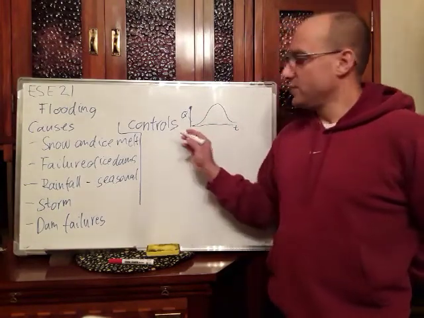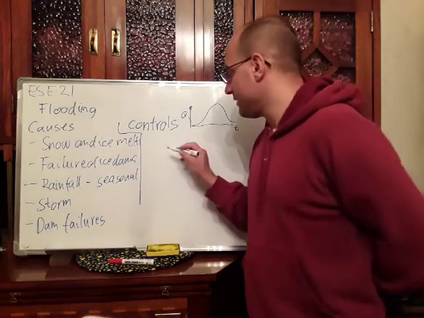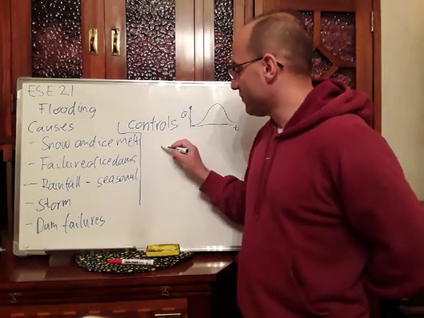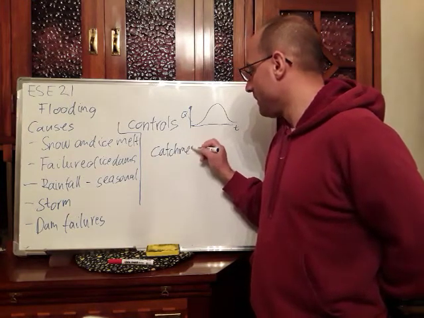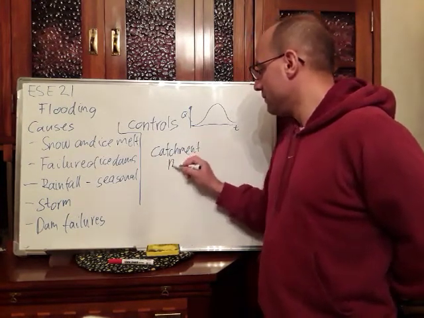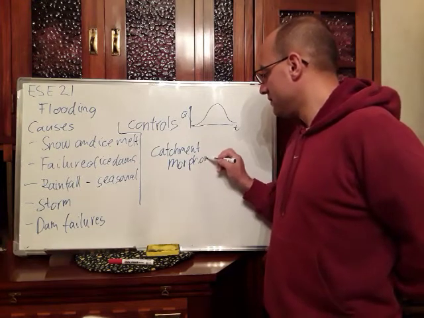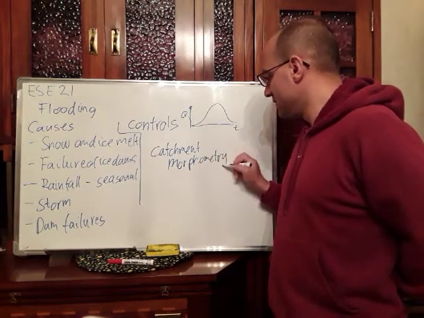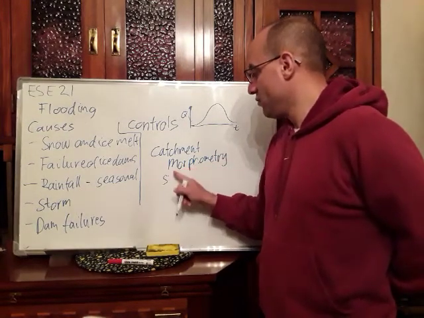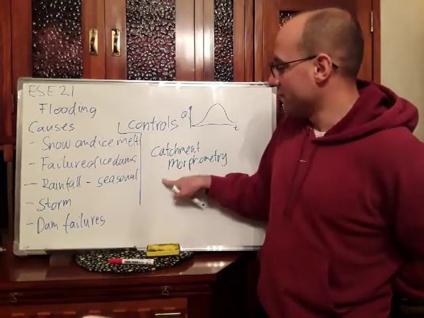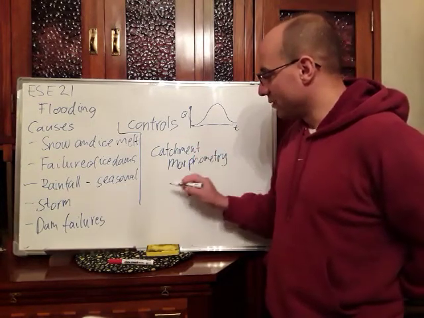Once again, we just want to memorize that here we had 2 main things: catchment morphometry, which is really about shape, or not even shape but more like the pattern, the way the catchment looks.